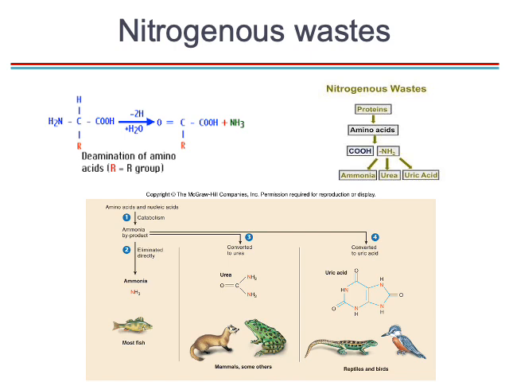By simply taking ammonia and converting it into a less toxic material that still requires some water to flush it out, is the most common nitrogenous waste among the mammals. That is urea.